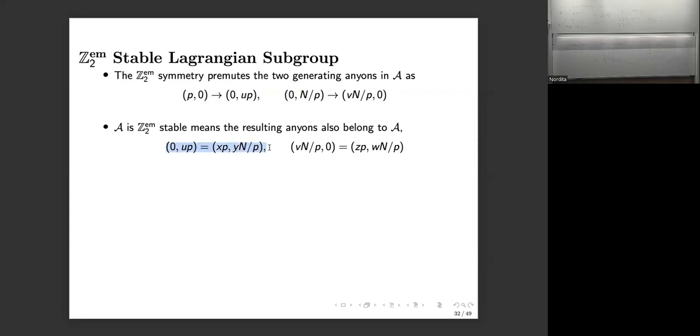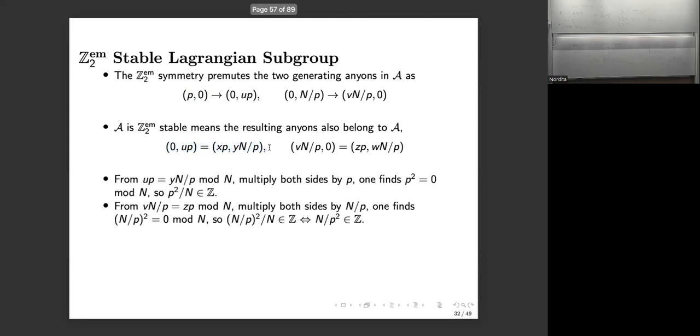So this is what it means. So it must be equal to x times (p, 0) plus y times (0, n/p). And then you can also write down a similar equation for the other anyon, and just solve these two equations.